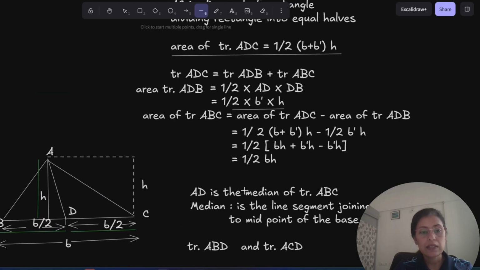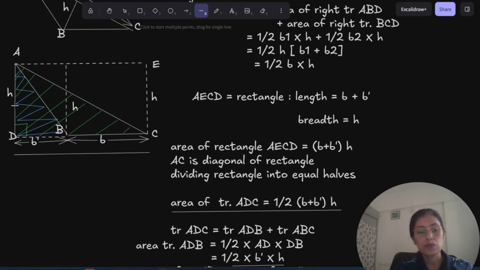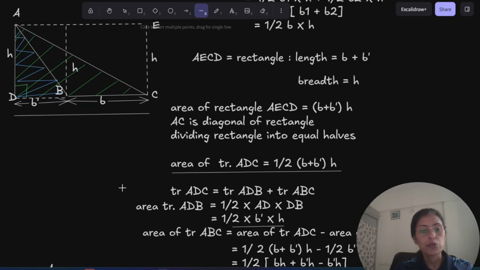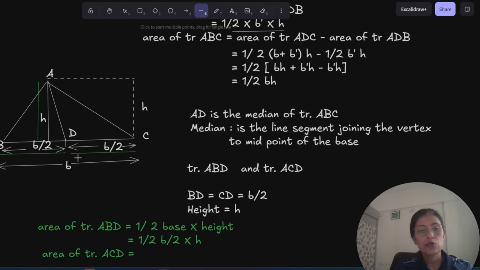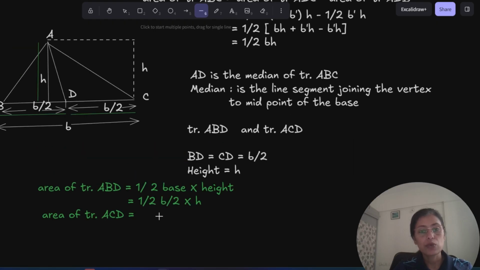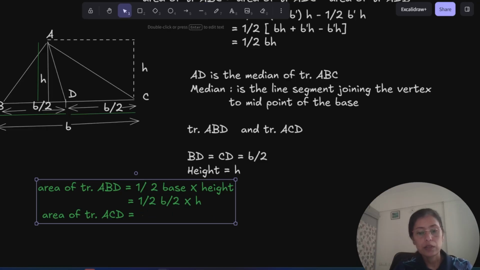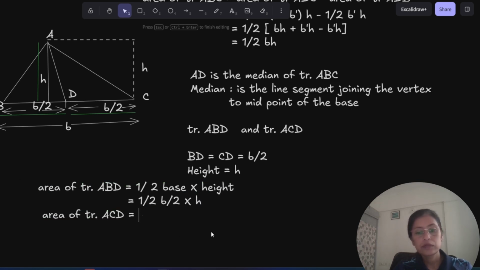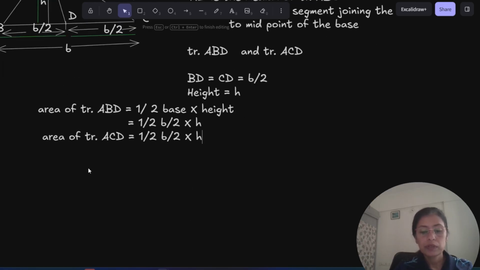Anyways, it is the same height. We saw in the earlier proof also, we drew the height from A to the extended BC. So same thing if we see here, it is going to be H. So this is again going to be half of B by 2 into H.